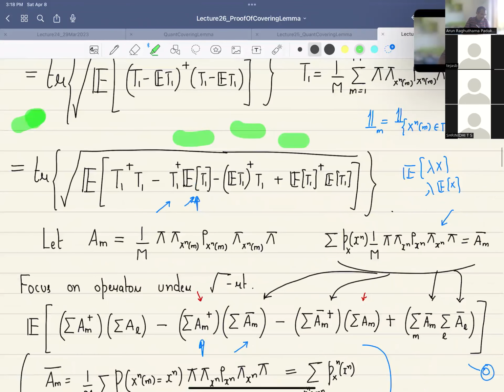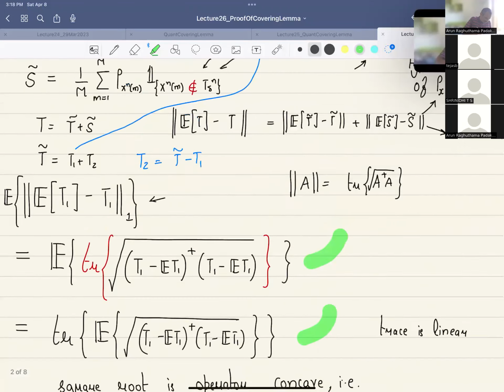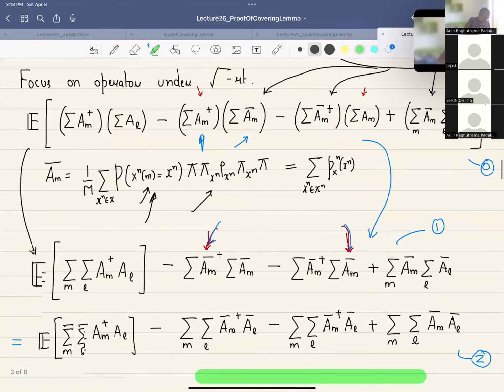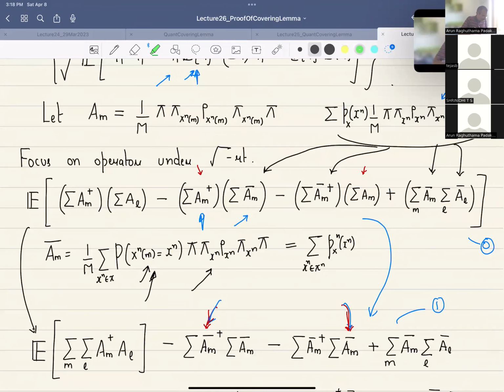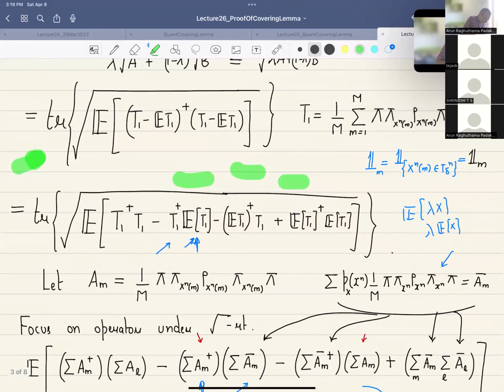We had started with the expectation outside the root, but then with the operator concavity, we did all this. Remember, one point you have to keep in note, which maybe I didn't explicitly say. I took the term under the root and I'm bounding it above and above and above. I'm saying this term is smaller than something else, which I'm going to analyze.